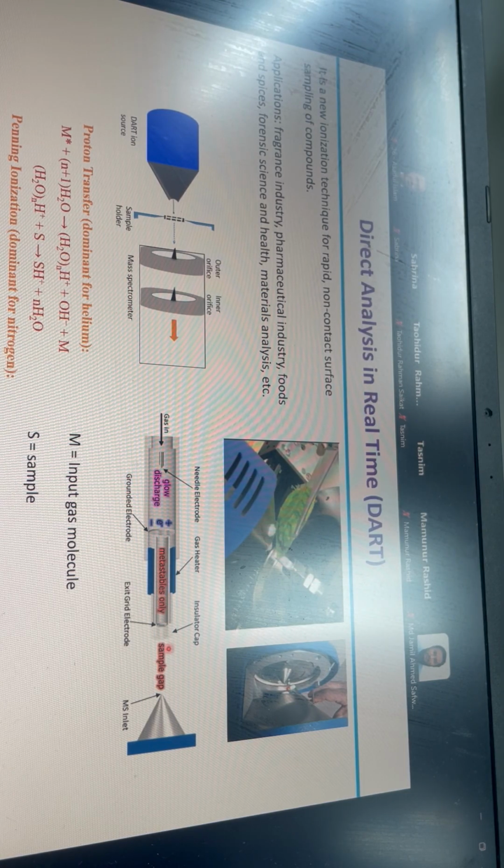When this hot helium interacts with your sample, then your sample gets ionized. That way, if you are producing some pharmaceuticals, any drug and medication, if you just hold it close to the DART source, you can see the ions in the mass spec. So you do not need any sample preparation. That's called direct analysis in real time, DART.